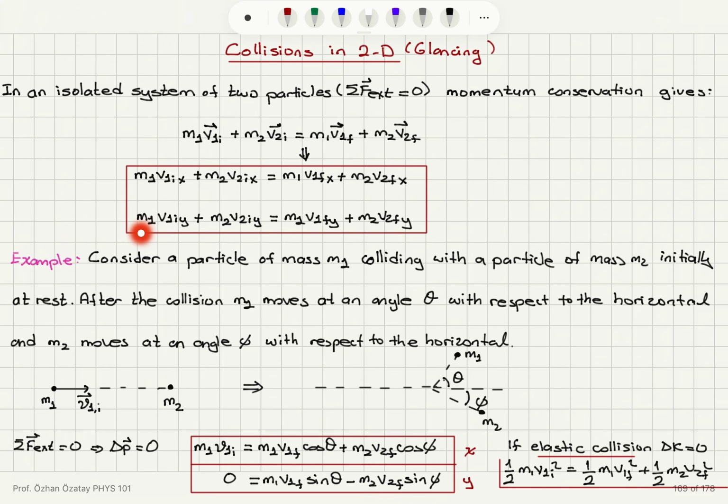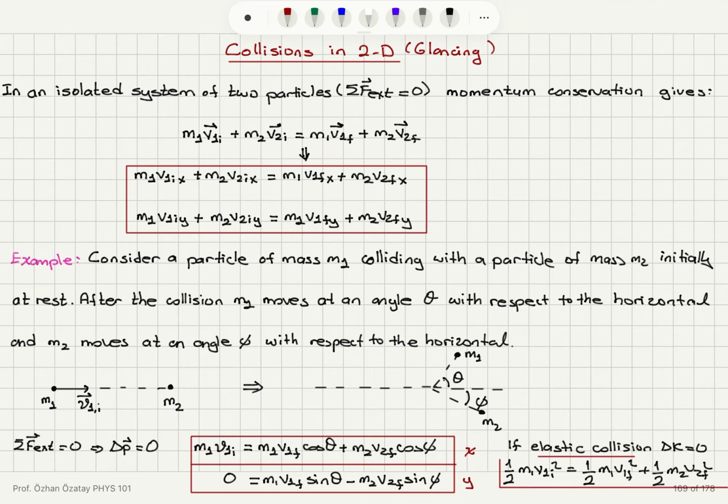And then we have m1v1 initial y component plus m2v2 initial y component equals m1v1 final y component plus m2v2 final y component. So we obtain a set of two equations, one for x components and one for y components.